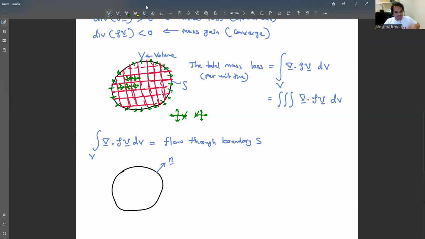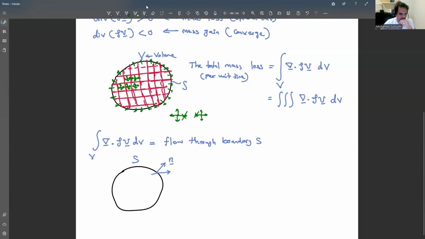If I want to find the total mass coming out, the net flow coming out, that is the total loss. So how can I find that? I want to find the flow coming along the normal direction of the surface.